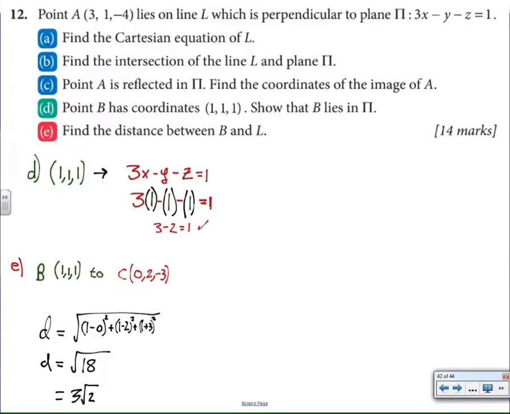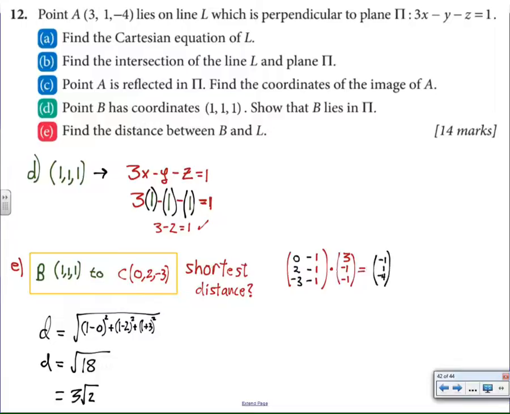Now, you can estimate that and check it out with the graph, but here's the real question. Is this really the shortest distance? Is my assumption that these should be perpendicular actually true? And to answer that, I just verify that the vector that joins point B with 0, 2, -3, that's point C. So this is the line BC, or the vector BC, and this is my normal vector, which is perpendicular to the plane.